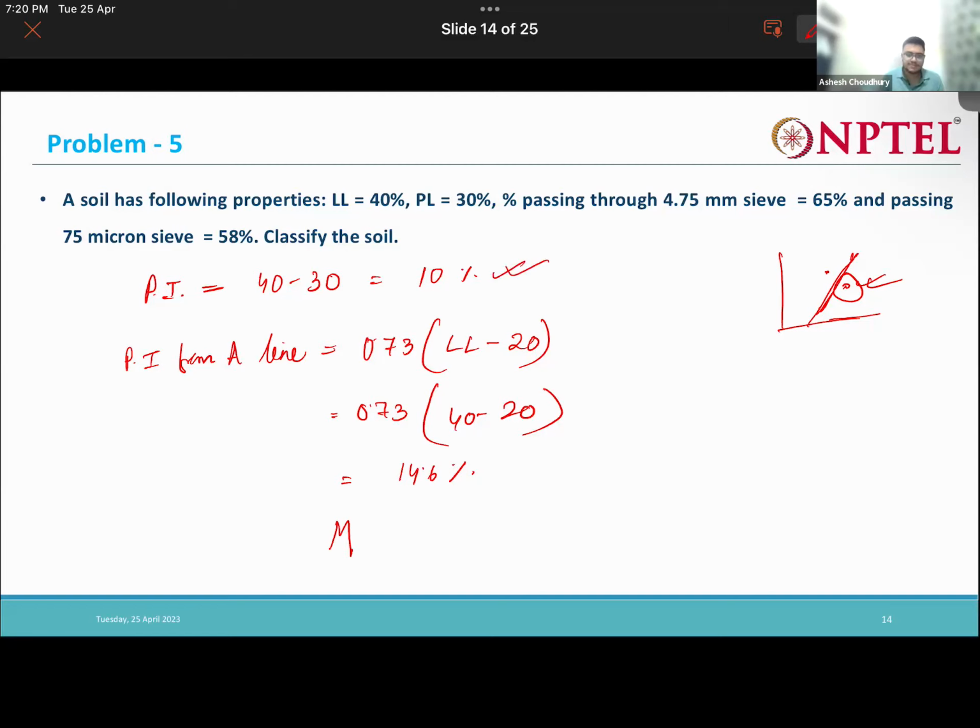Our plasticity index is 10%, which is below the A line value of 14.6%. So it will be M, and what will be the suffix? It will be H? No, because the liquid limit is between 35 and 50%. So it will be I, intermediate. So it will be MI.